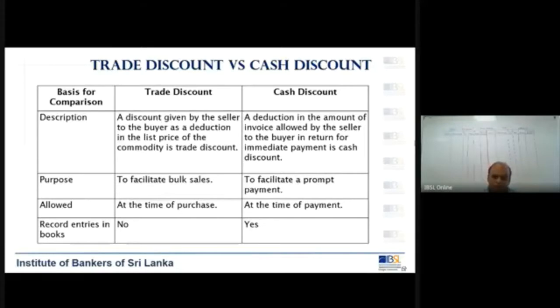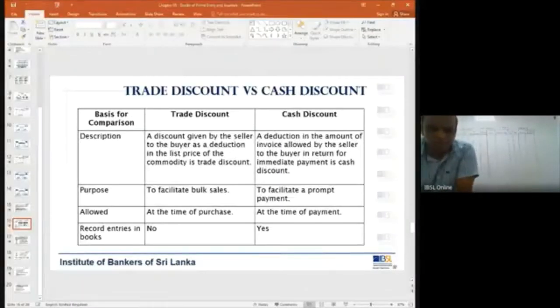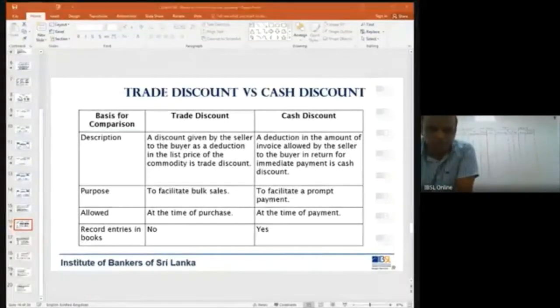This doesn't involve any accounting entries. But when it comes to the cash discount, all these discounts involve a record in the books of accounts. Now I will explain this on the board so that you will understand what it really means.